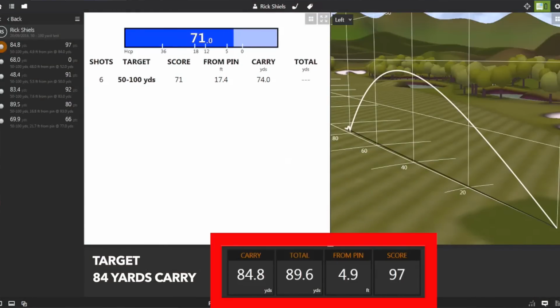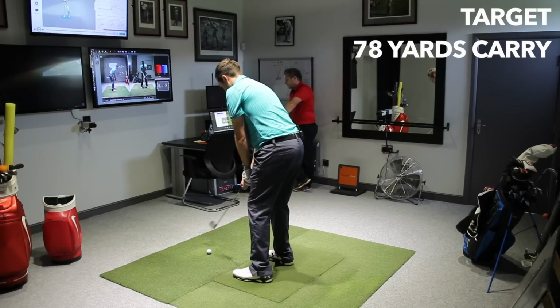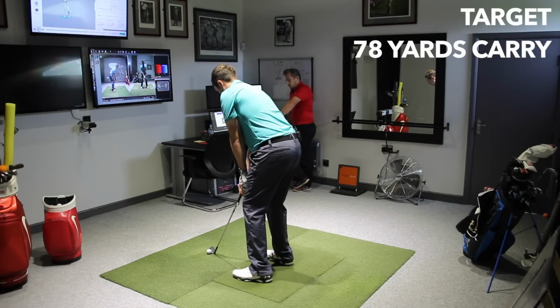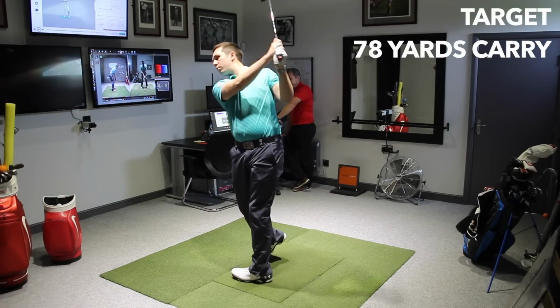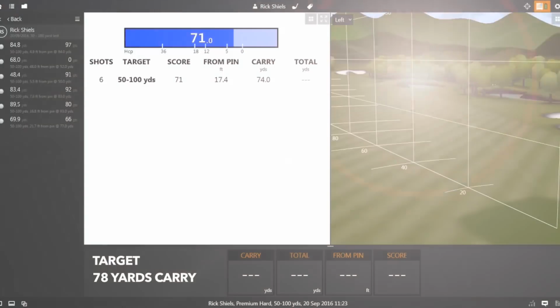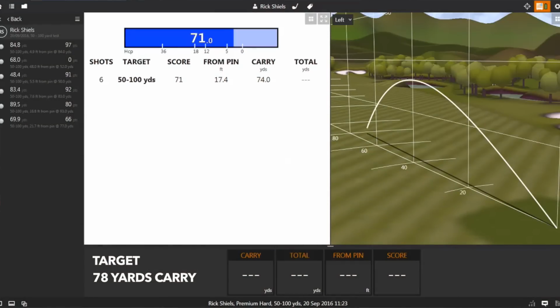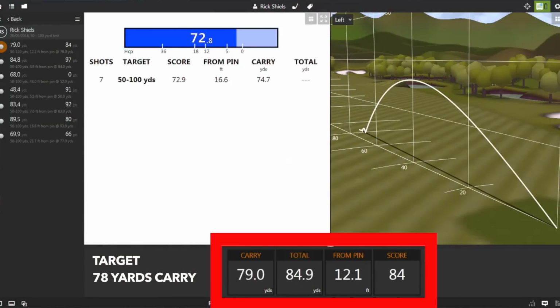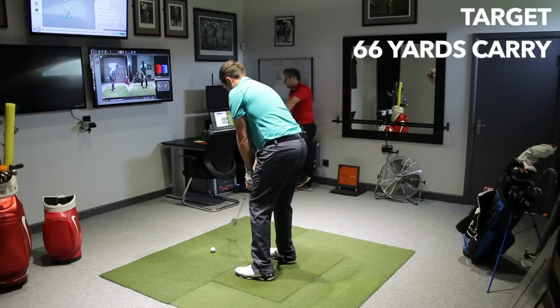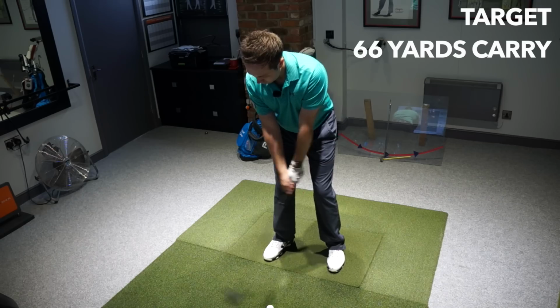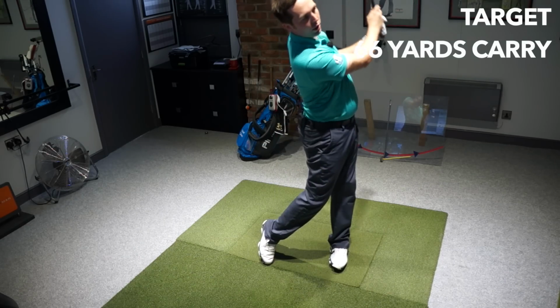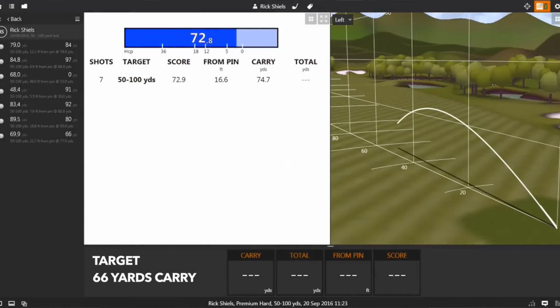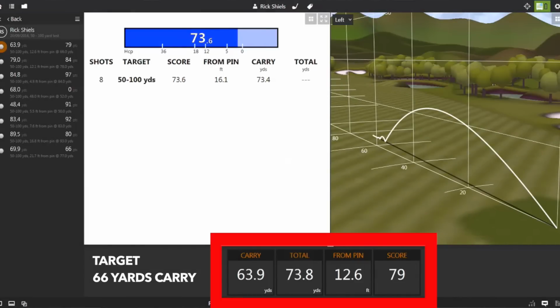Good distance control there, mate. 78 is the next number. Good again. 66. Oh, that's short. That's a bad one, I think.